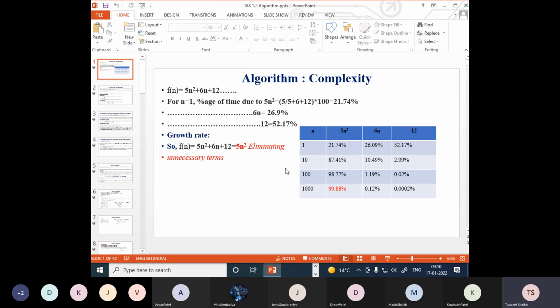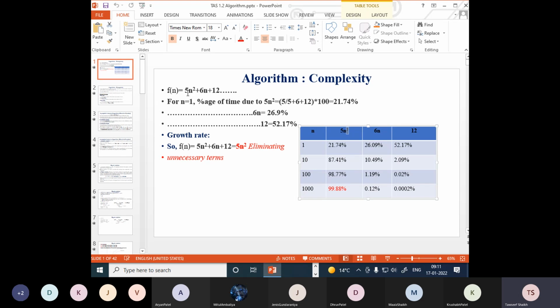Whenever we increase the value of n to 10, at that time the 5n square will take 87.41% of the total time, because this is a square term. n squared will be equal to 100, 100 into 5 will be 500.